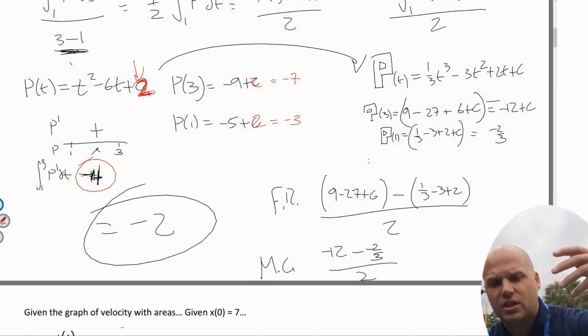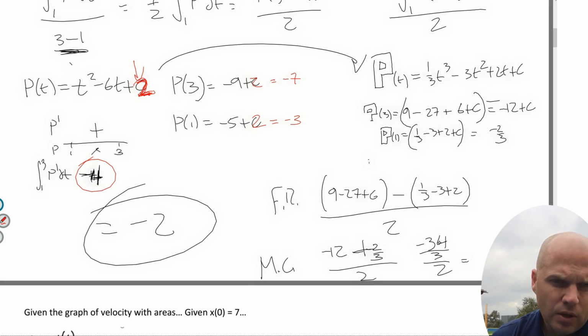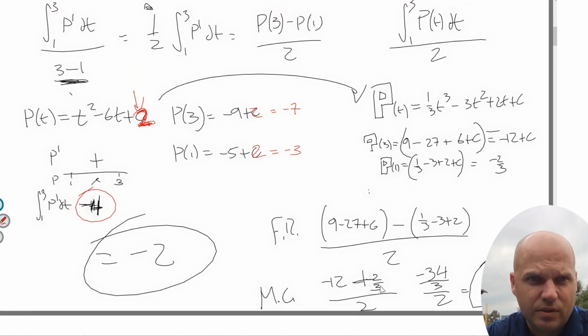I'm going to decrease, but by how much? 12, 24, 36 thirds, 35, 34 thirds divided by 2 is negative 34 sixths, or that's 17 thirds. 17 thirds. Okay. That's what I would say is my average position.